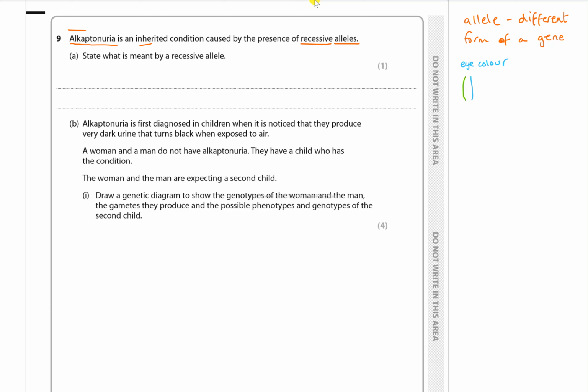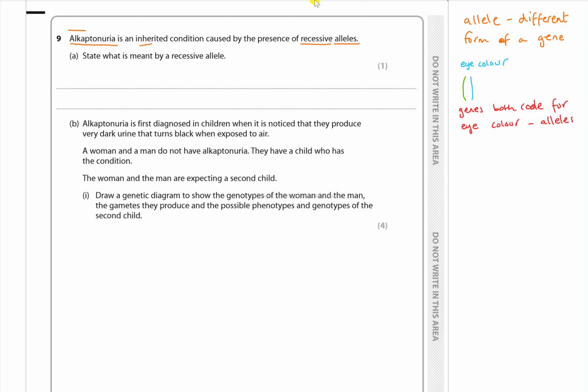These two genes both code for eye color. So they are therefore alleles. That's what it is. The same gene, it codes for the same thing. It's a different form of the same gene.